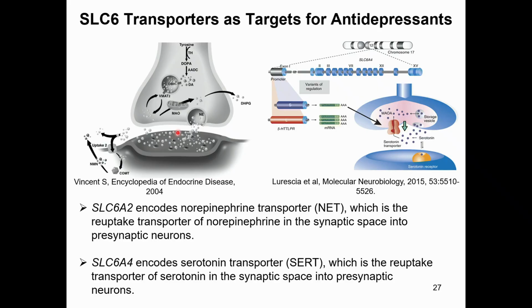So the amount of neurotransmitter in the synapse is controlled by deposition of the neurotransmitter into the synapse, and also how much of it is retaken up into the cell. And it's been a great target for pharmacological development, especially selective serotonin reuptake transporter drugs.